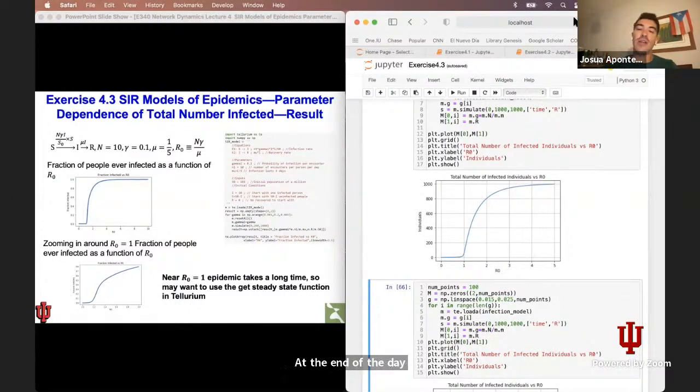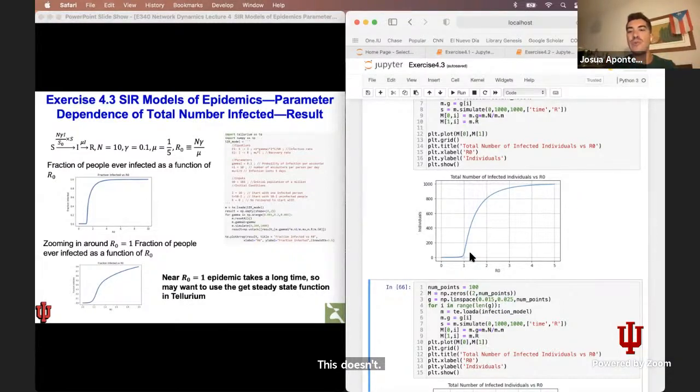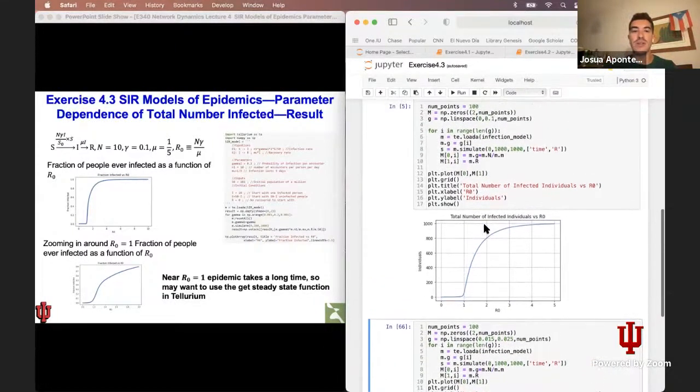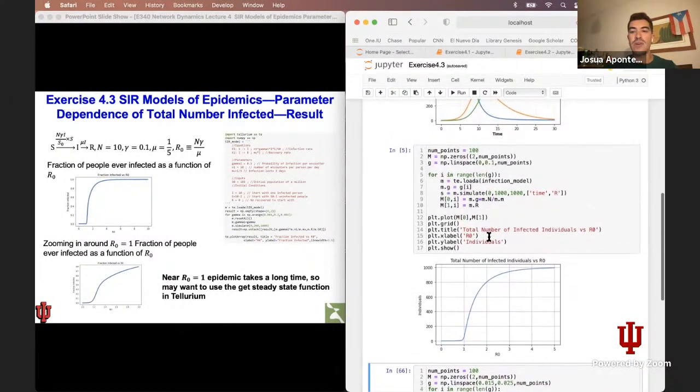And this is interesting because this is virus independent. All the information you need is R0 to tell you how many individuals will get infected at the end of the simulation. That's exactly the point I was trying to make.